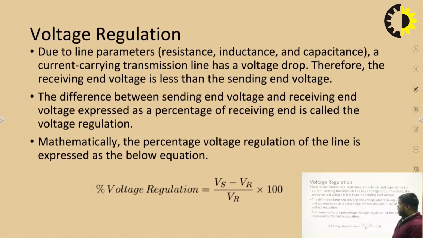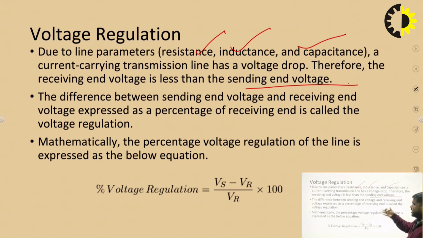So if we talk about the voltage regulation, due to the line parameters, resistance, capacitance, and inductance, a current carrying transmission line has a voltage drop. Therefore, the receiving end voltage is less than the sending end voltage. This is a simple thing.